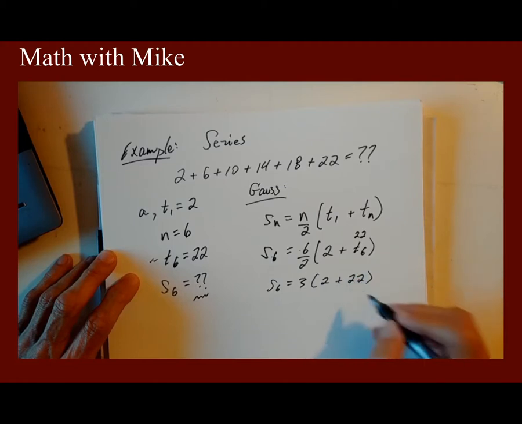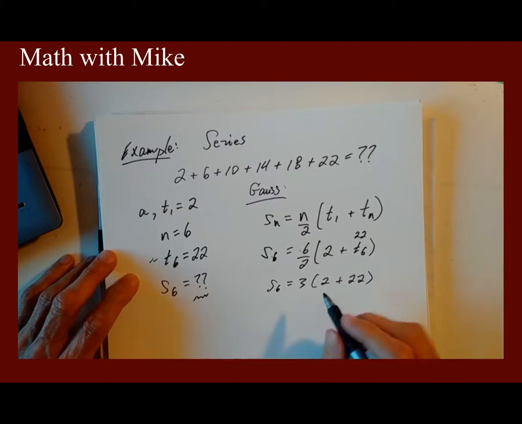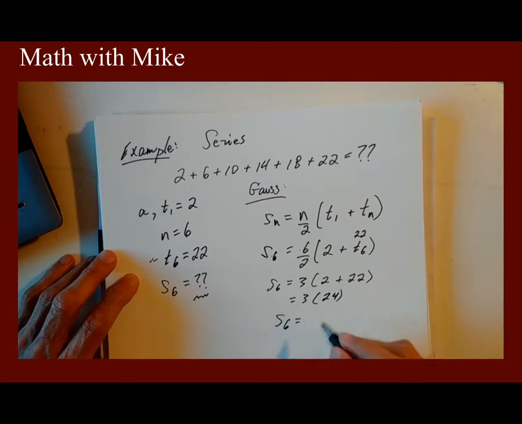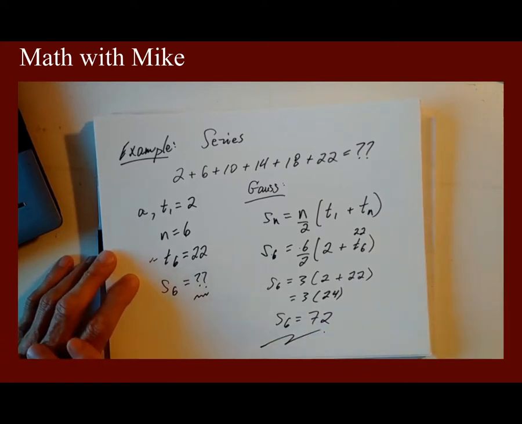You can jump right in and start calculating. So we get something like this, which is 3 times 24, the same as 3 times 24. And so the sum of the first 6 is 72, which is hopefully what you got if you were punching the old calculator and working this out.